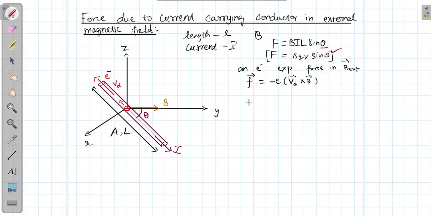The number of electrons in the conductor is capital N, which is equal to the number density times volume.